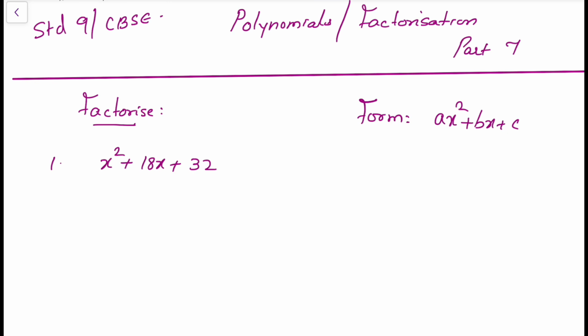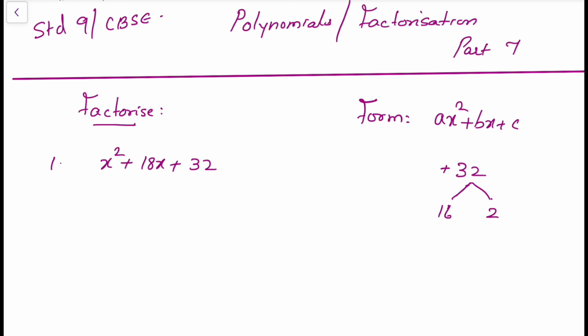For that, take the constant 32 and try to factorize it in such a way that if you add those factors you get 18. So 32 you can factorize as 16 into 2, or 8 into 4.